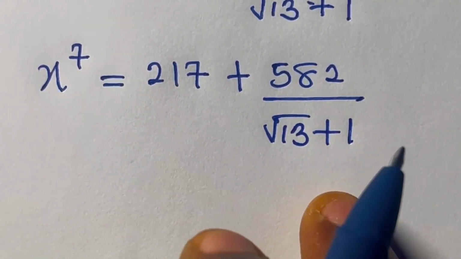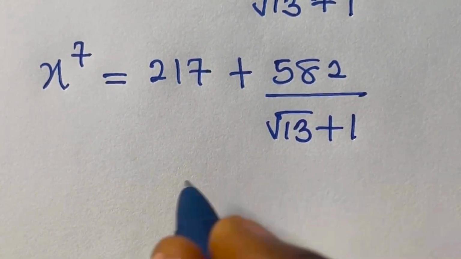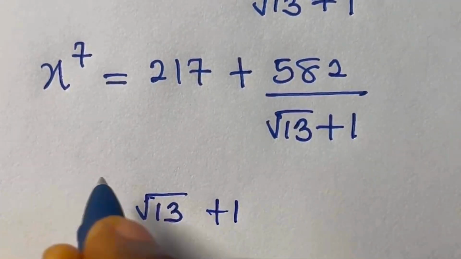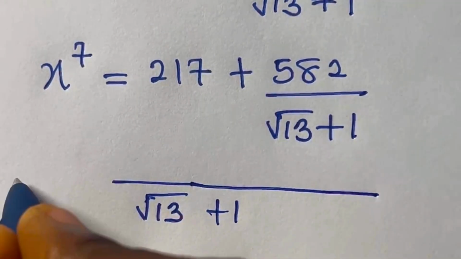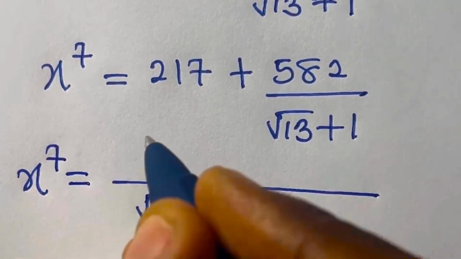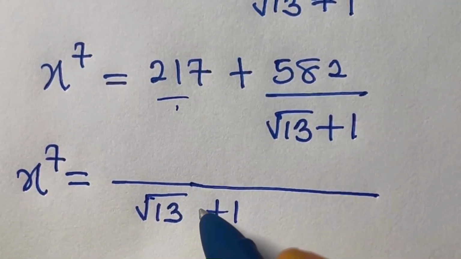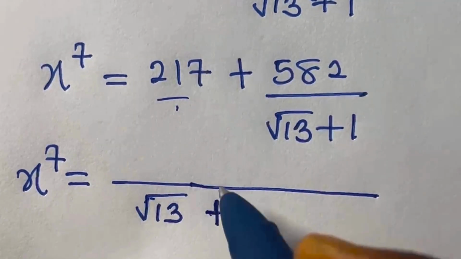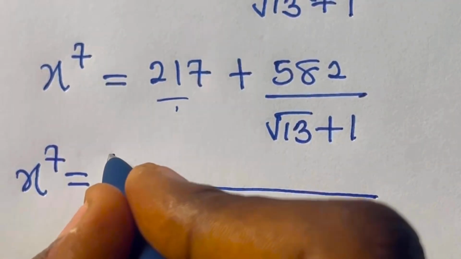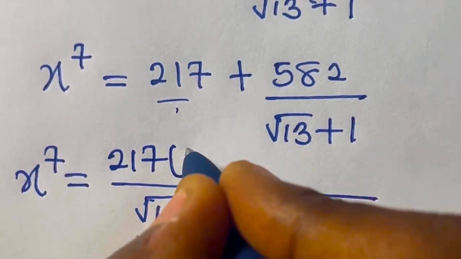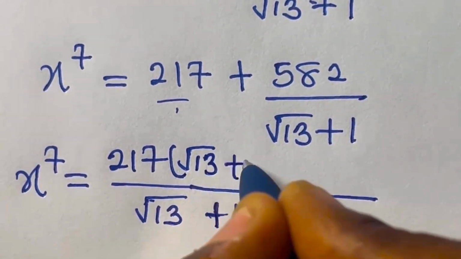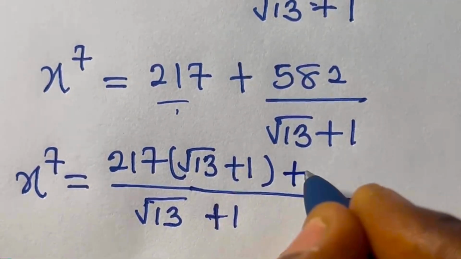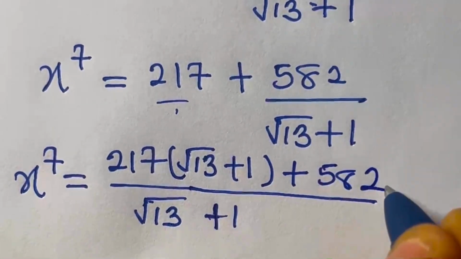So the next is to find the LCM. LCM is square root of 13 plus 1. So x raised to the power 7 equals 217 times square root of 13 plus 1, plus 1 times 582, that's 582.